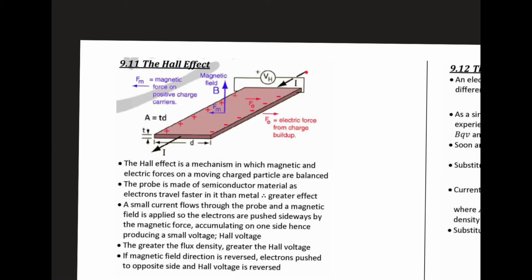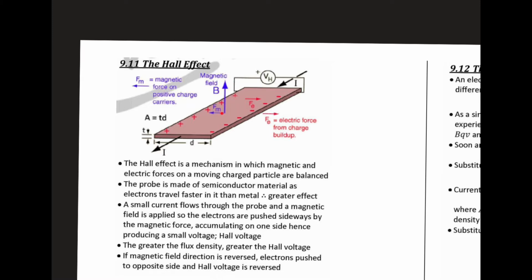You make a current pass through the semiconductor and come out on the other side. In the meantime, when the current passes through the semiconductor, you have a permanent magnet that starts from the bottom, which means the North Pole is at the bottom, and you see the B is pointing upwards.